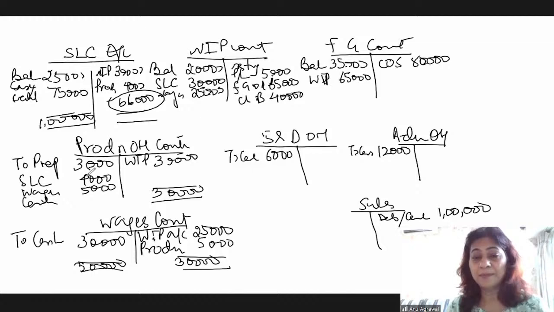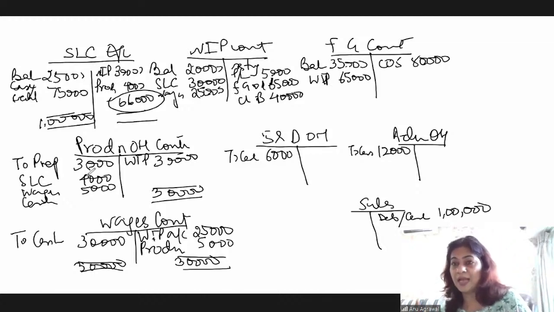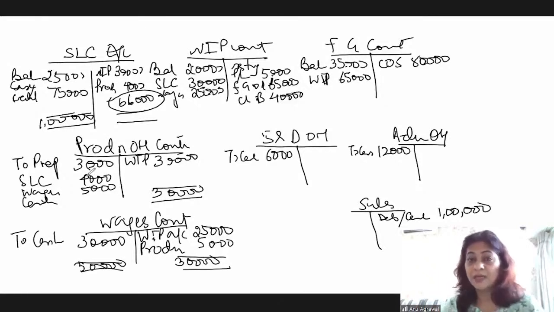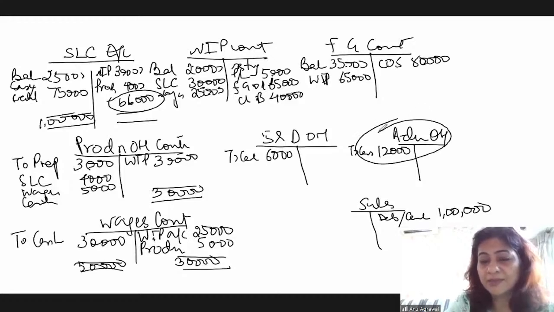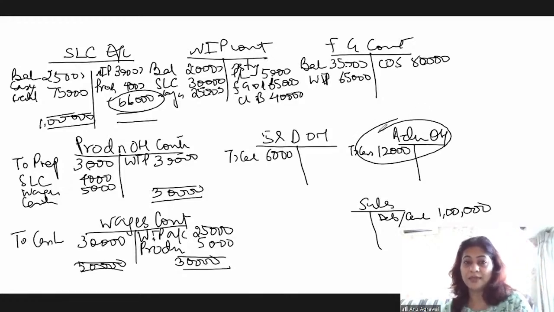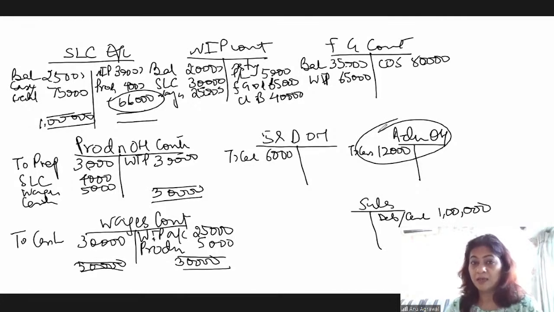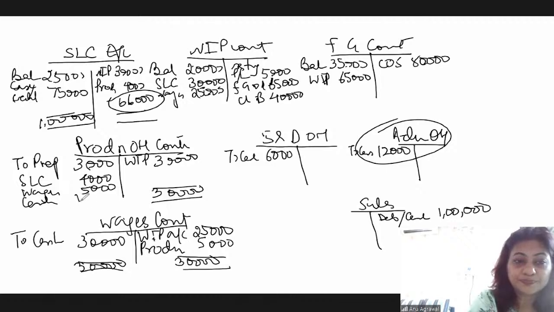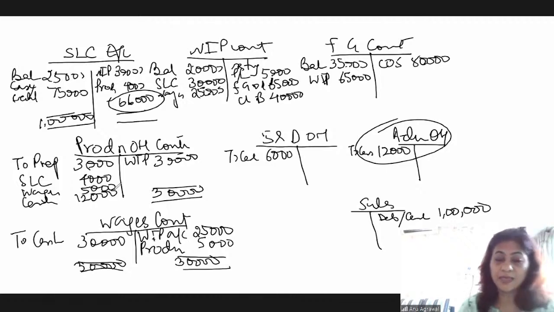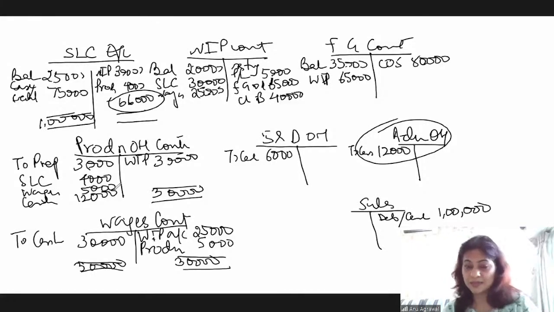Now, guys, if you remember, there was something given as other overheads incurred, and there were selling and distribution overheads incurred. Now, I made an admin overhead account separately, right? I do not know what that other overhead is. Can I treat this as admin overheads? Can I say that the overheads incurred were actually 12,000? Yes.